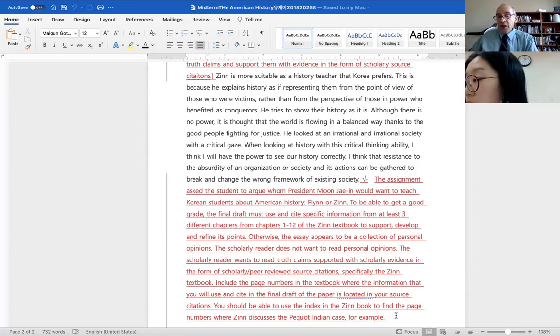You can look up Columbus, the Civil War, slavery, anything that you want to look up, maybe because you want to use the Flynn critique of Zinn to guide you in comparing and contrasting how Flynn and Zinn discuss Pequot Indians, Columbus, the Civil War, slavery, Abraham Lincoln, whatever you want to compare, and you can use that index in that way to easily find the information.